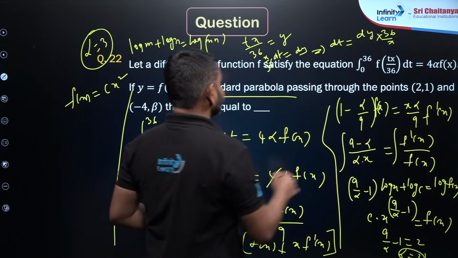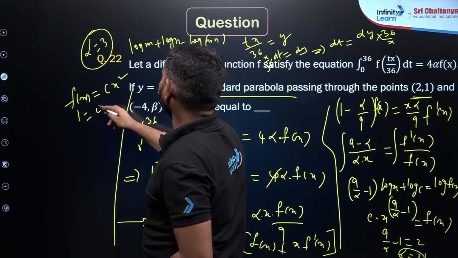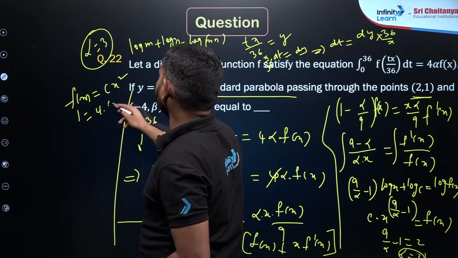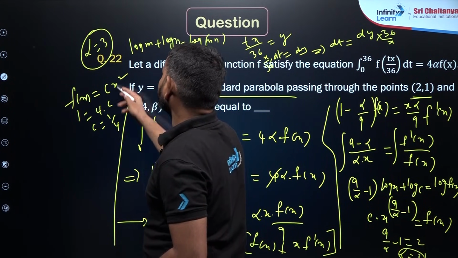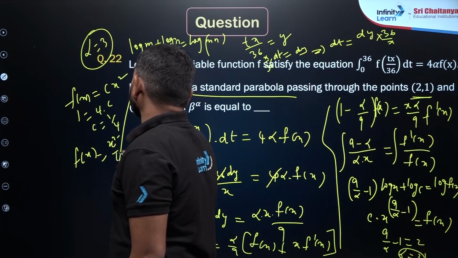Now check the value for 2 comma 1, so here it is 1, which is equals to 4 into c, since 2 square is 4, so c is equals to 1 by 4. Substitute this one, f of x is going to be x square divided by 4.